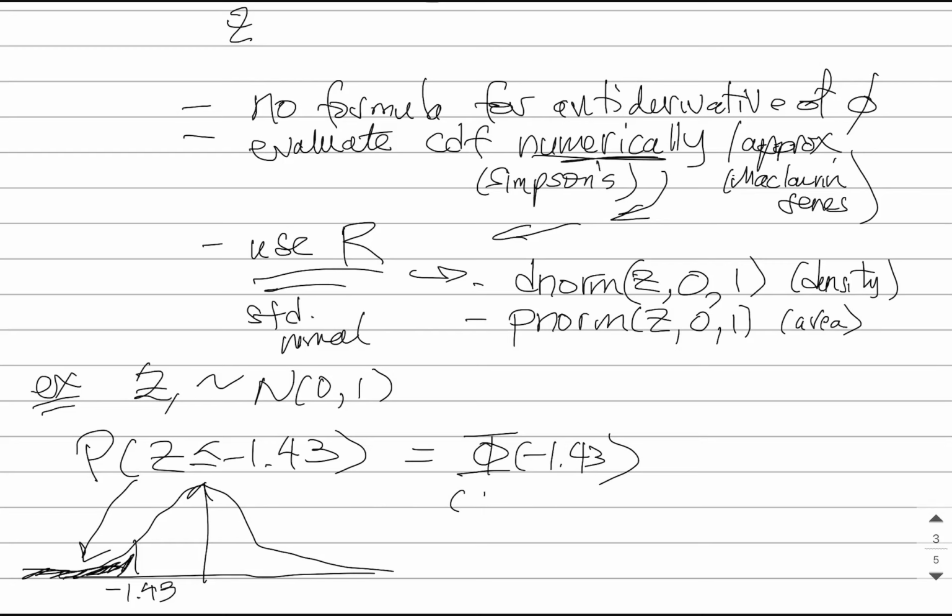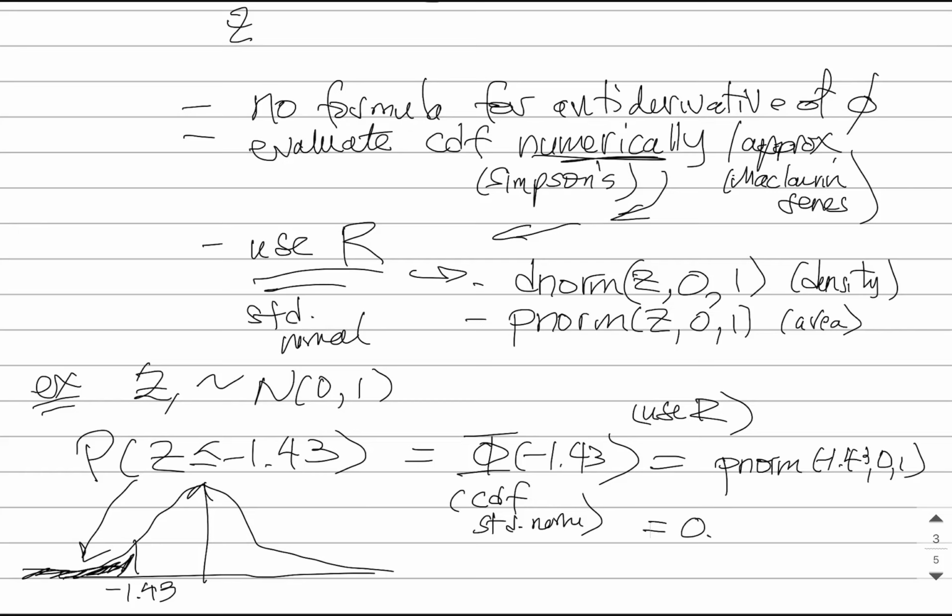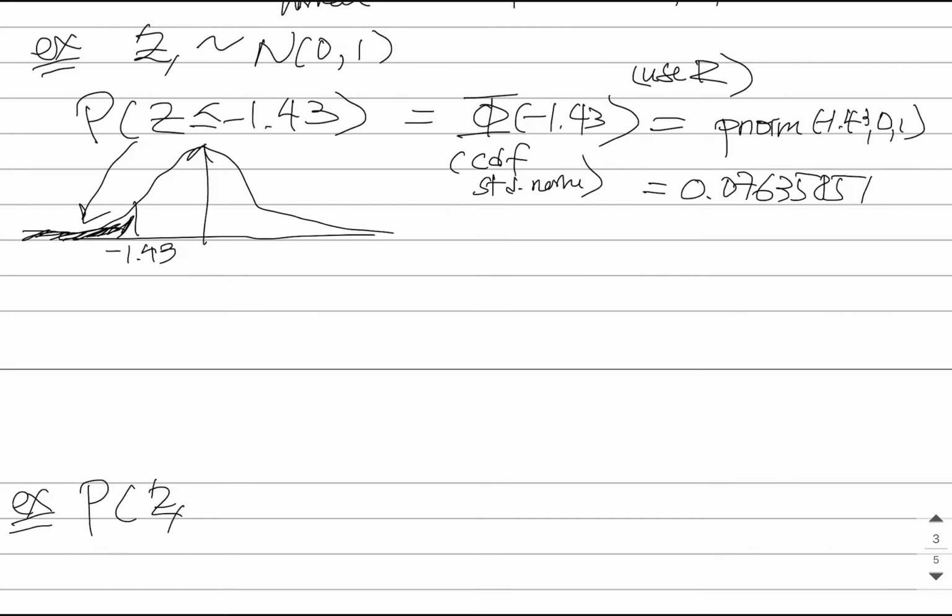So this is the CDF for the standard normal. You can easily use something like R to calculate this result, and the command would be pnorm(-1.43, 0, 1). And running something as simple as that, you'll get a pile of numbers, 0.076358551.